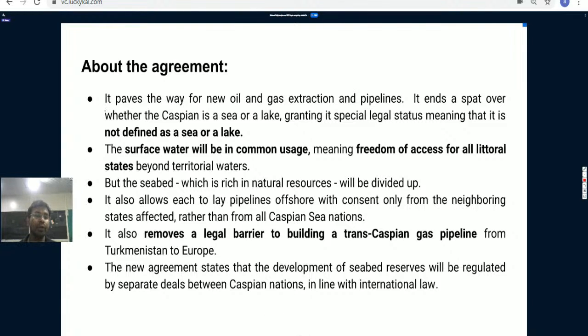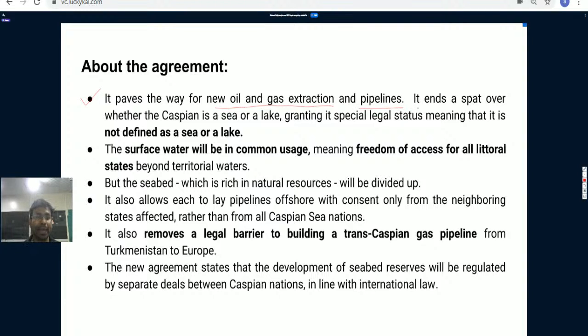So we will talk about the agreement. What agreement has been reached by those countries that share border with the Caspian Sea? This agreement paves the way for oil and gas extraction and pipelines.